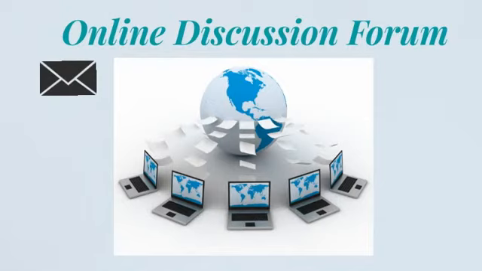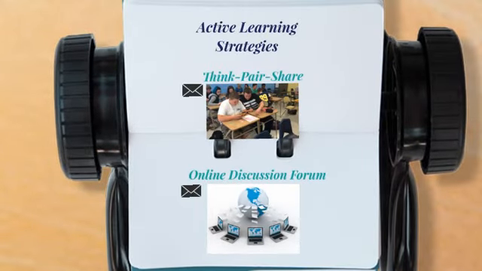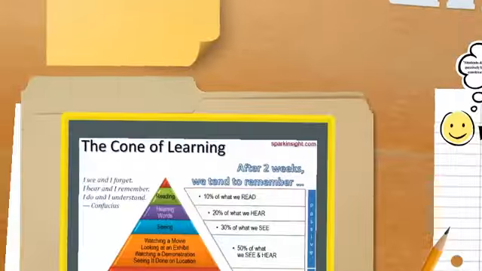Again, this alone can be considered active learning, but you can add to the exercise by having students present their findings or comments using an online discussion forum such as Piazza. The idea between these two examples is the same, even though the approaches are different.